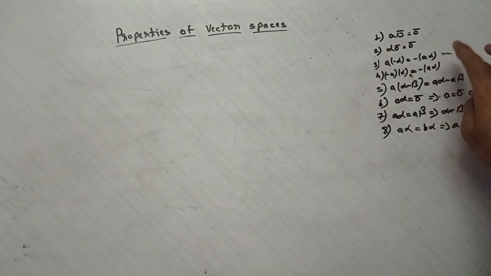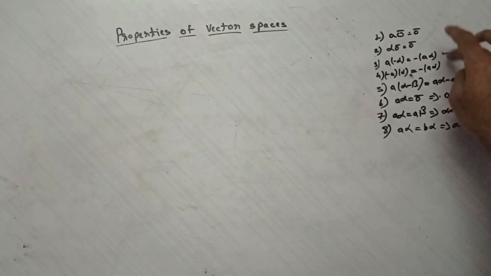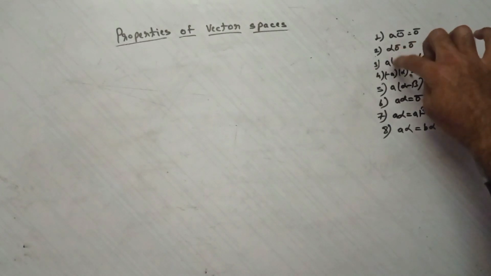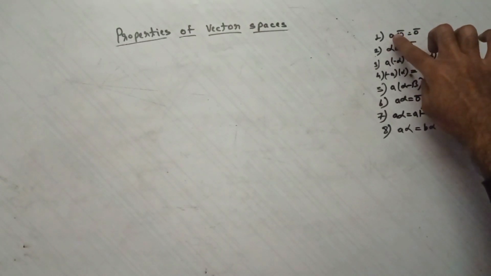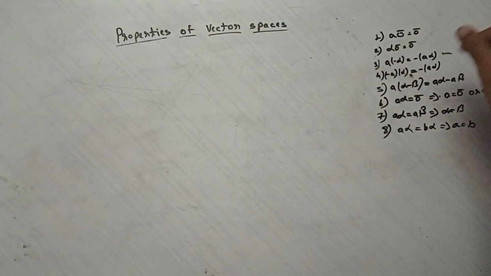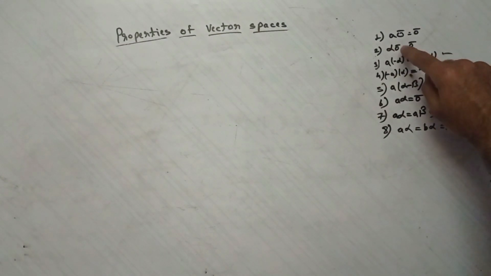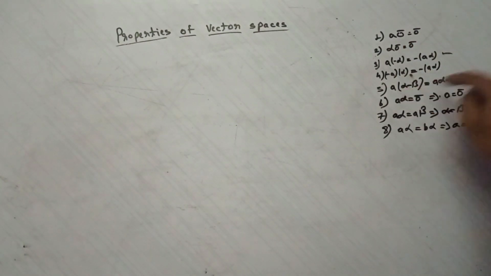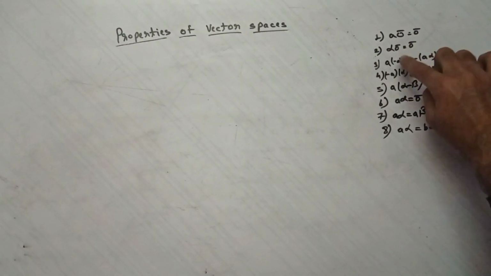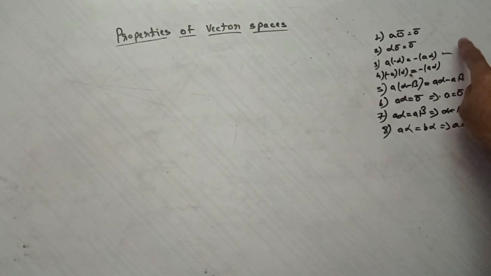In the third and fourth, we use the first and second. In the third one, we use the first because we need this a, so we write alpha equals alpha plus minus alpha. In the fourth one, we need this alpha as well. In the fifth one, we use the third property and the simple properties.